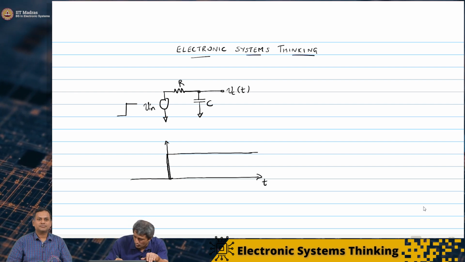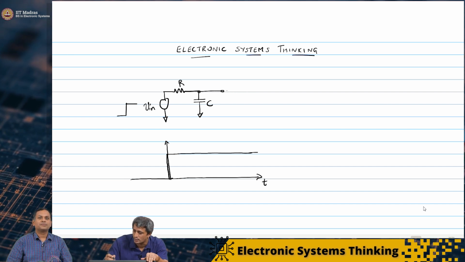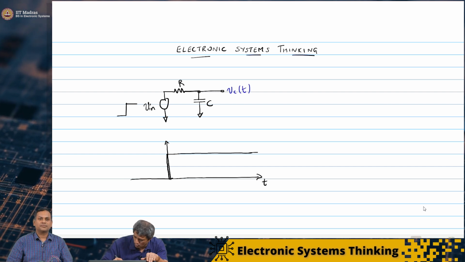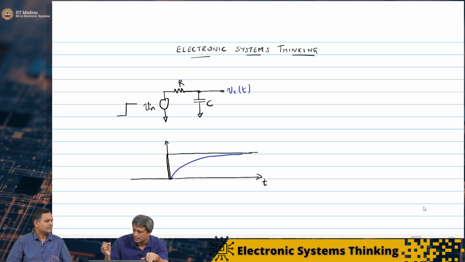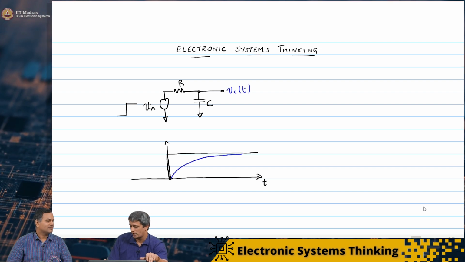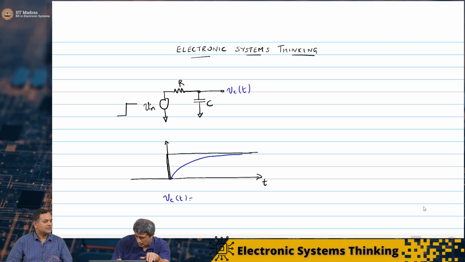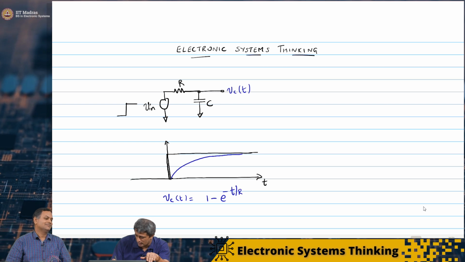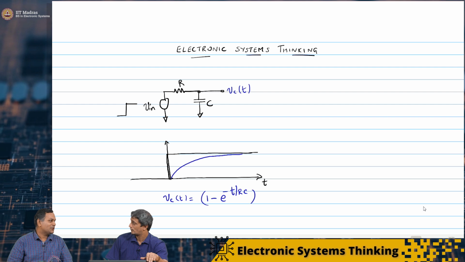Then if you look at the output, Vc of t, I will stick to the same blue color coding. It was an asymptotic charge up, and Vc of t was 1 minus e power minus t by RC. It looks like an exponential.